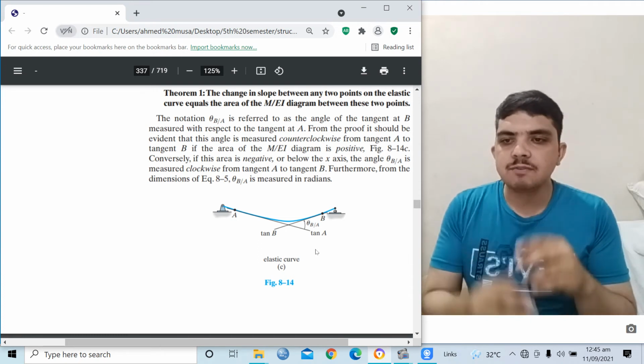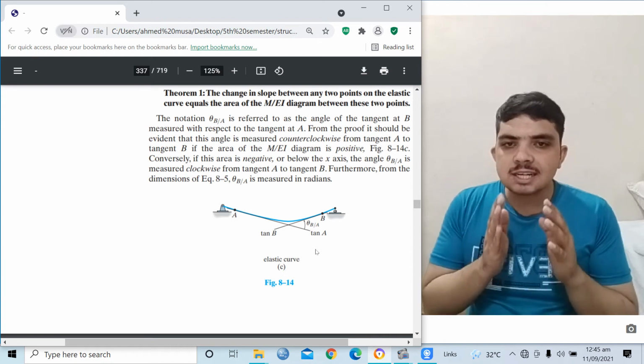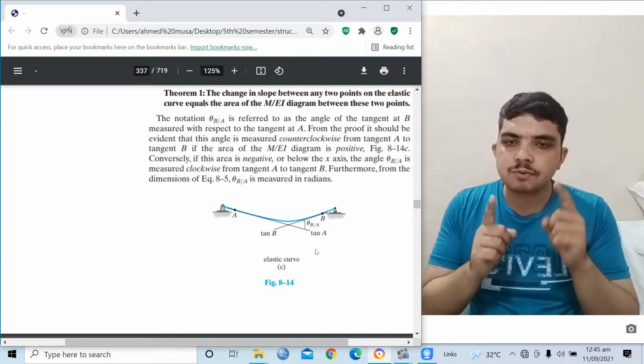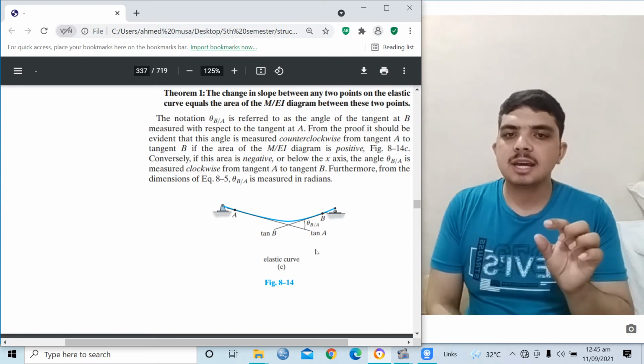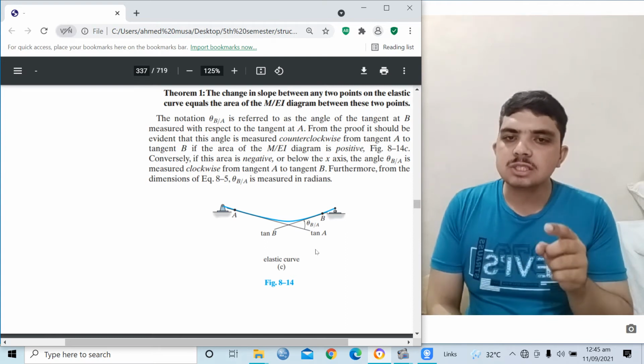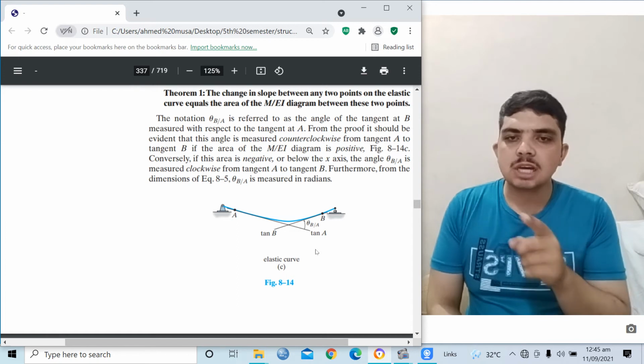In this theorem, our target is to find theta BA. So how can we find this theta BA? We can take the area from B to A in the M by EI diagram, and this will be equal to theta BA.